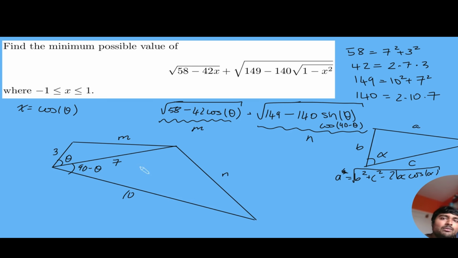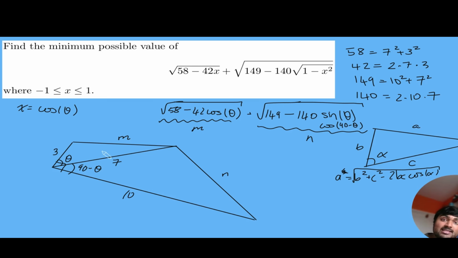Now, what are we trying to do? We're trying to minimize the value of m plus n. And what do we notice? This is a right angle, it's theta plus 90 minus theta. So we're trying to minimize the sum of the side lengths of these two triangles. How do we do that?